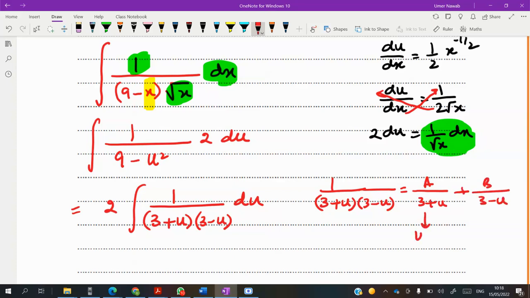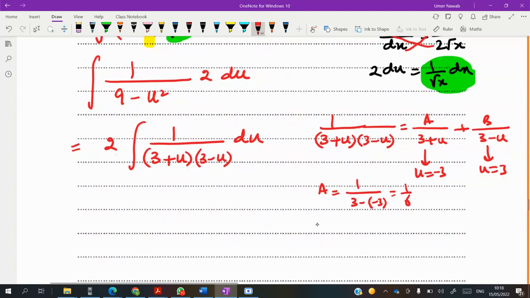To get a, you need to substitute minus 3. To get b, you need to substitute 3. So a will be what, guys? It will be 1 over 3 minus 3, so 1 over 6. And to get b, I'm going to get 1 over 3 plus 3, which is 1 over 6 again.